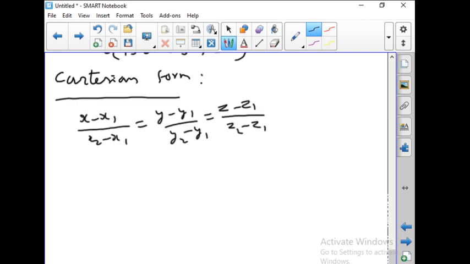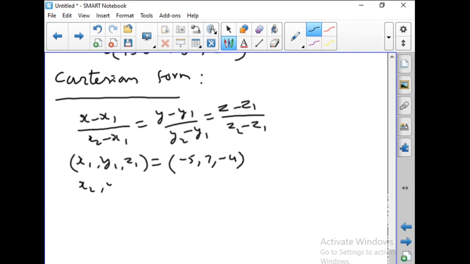Here the points x1, y1, z1 is equal to minus 5, 7 and minus 4.